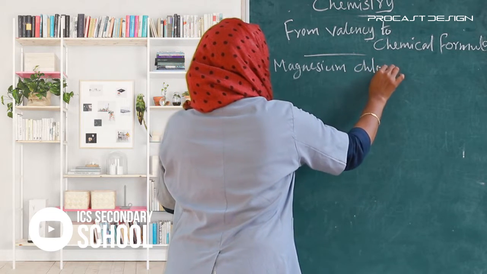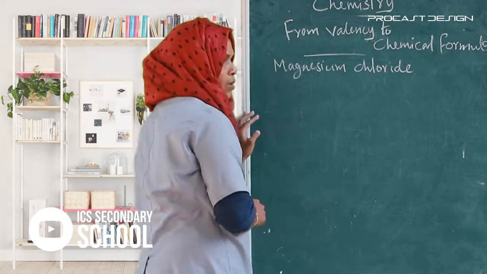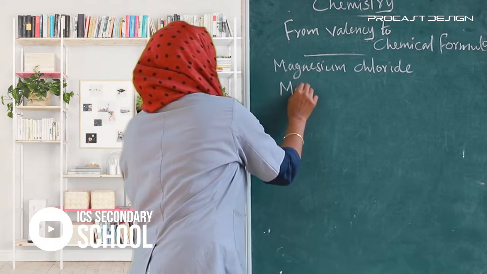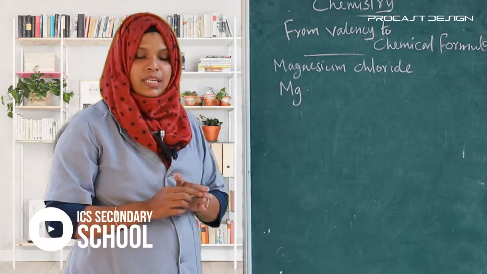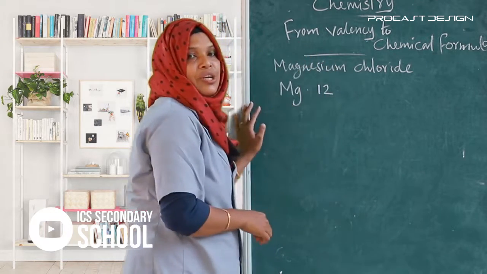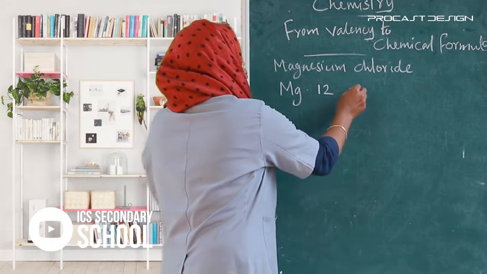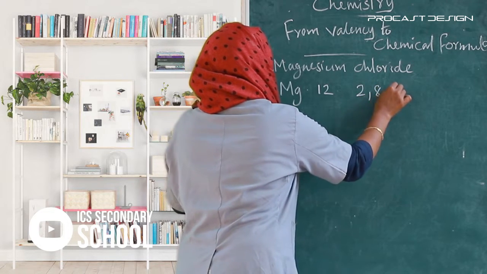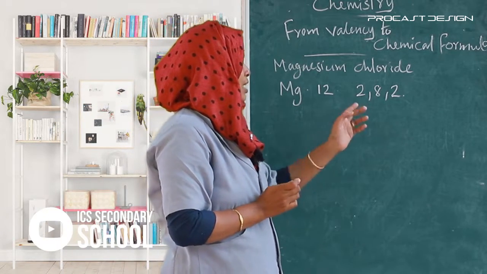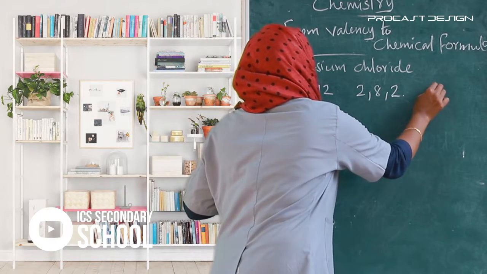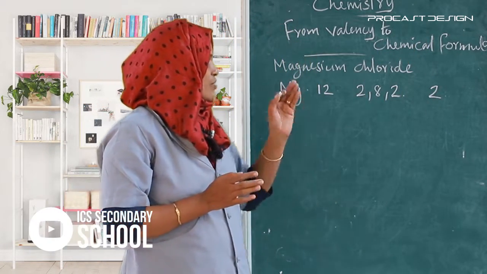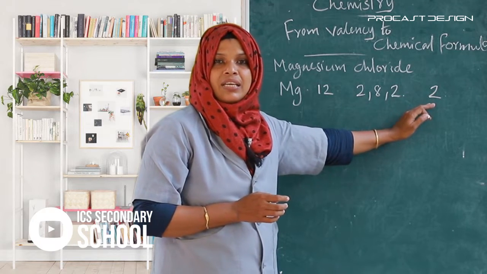The symbol of magnesium is Mg, its atomic number is 12 and its electronic configuration is 2, 8, 2. The number of electrons donated or transferred is 2 and its valency is 2.